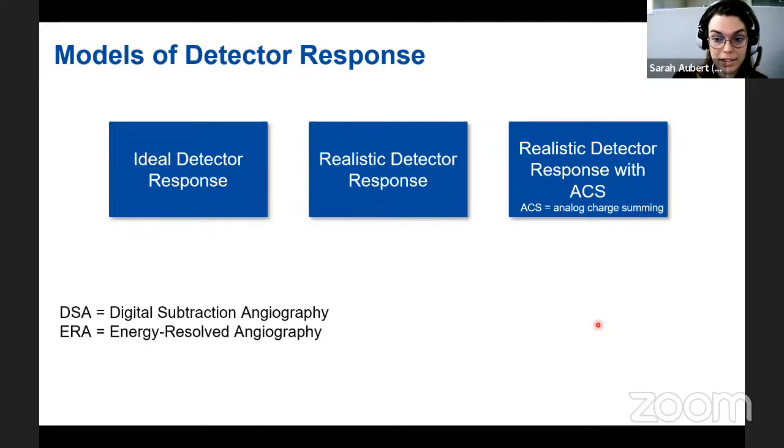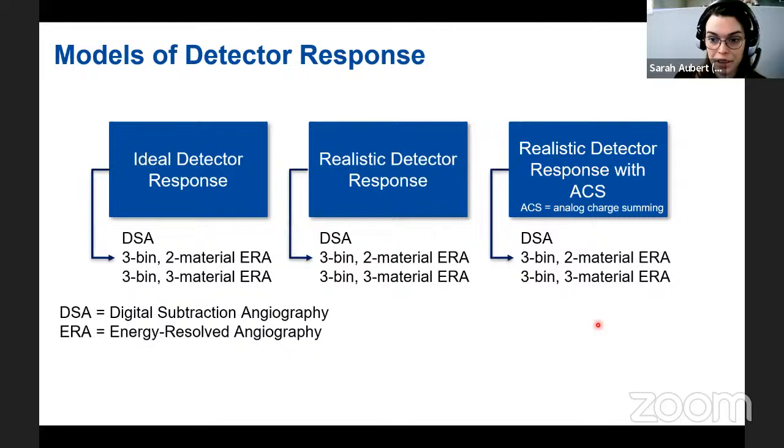We modeled both ideal and realistic X-ray detector responses in a MATLAB simulation for the following three scenarios: DSA; an energy resolved approach with 3 energy bins and a 2-material decomposition, which should allow us to suppress one type of material, such as bone or soft tissue; and an energy resolved approach with 3 energy bins and 3 materials.